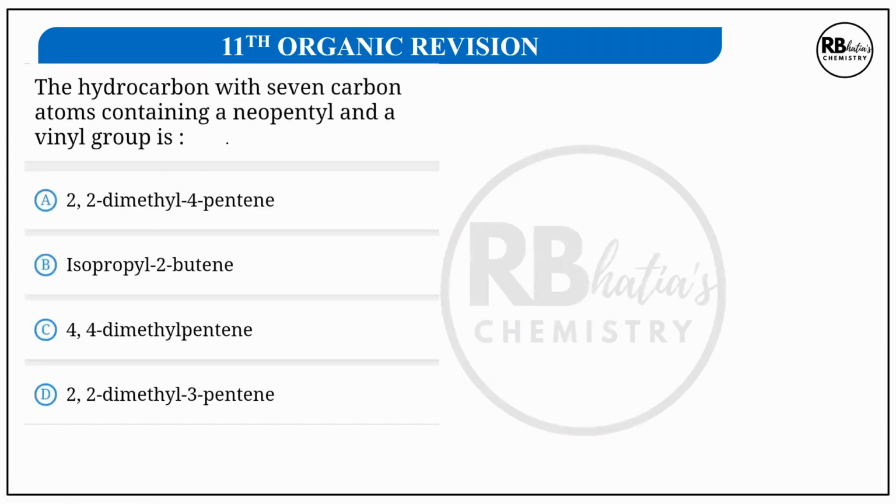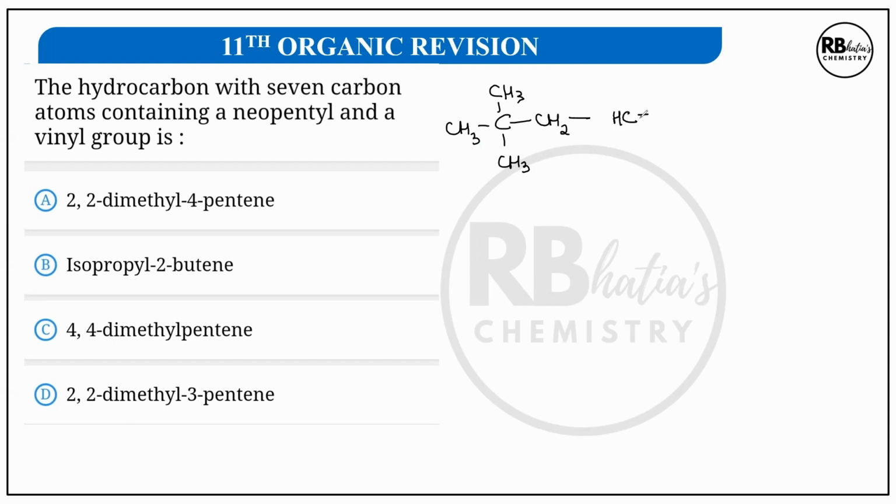The next question: the hydrocarbon with 7 carbon atoms containing a neopentyl and a vinyl group. Neopentyl is this group. Pent is 5 carbons. Neo means a double methyl branch at the last but 1 carbon. So this becomes the neopentyl group.